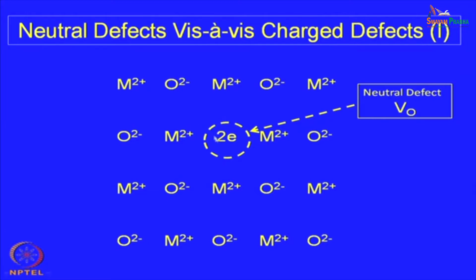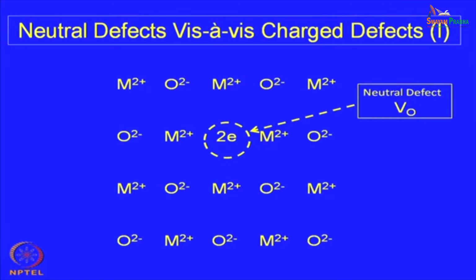Now, the oxygen and its charge, there are two components. One is the mass component, another the charge component. So, when oxygen is removed, it is no longer there in that site. The mass has been removed, but the charge may not have been removed.